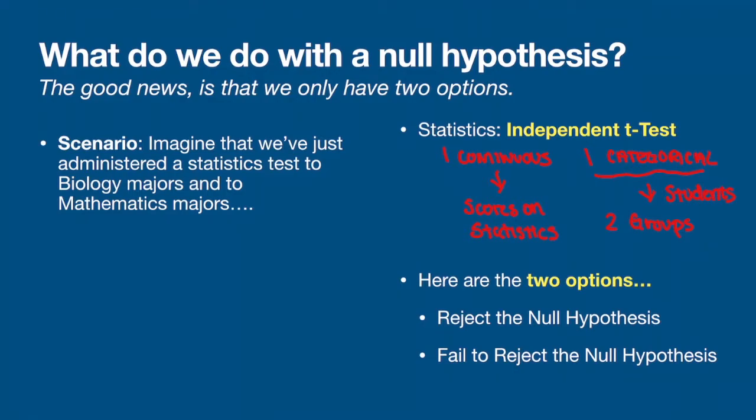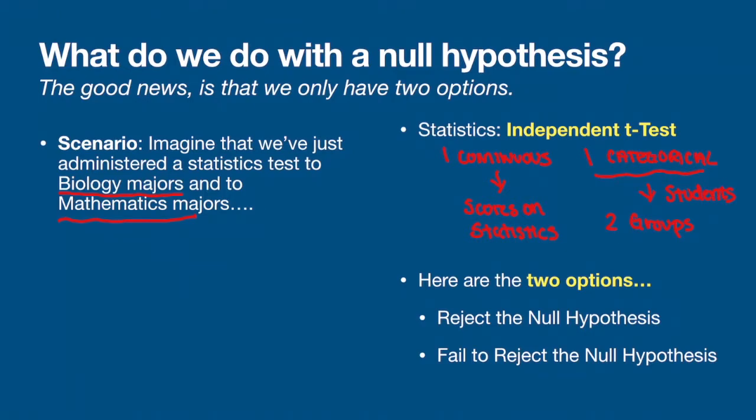And so our two groups as it relates to this scenario would be our math majors and our biology majors. In other words, our biology majors and our math majors represent levels of the variable for students.